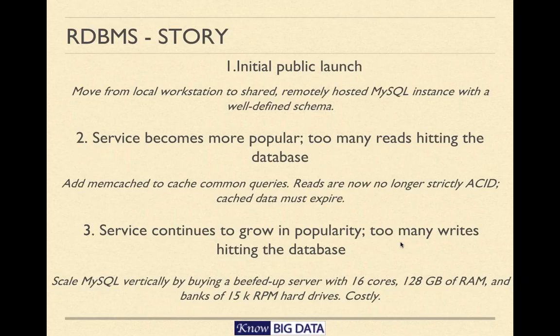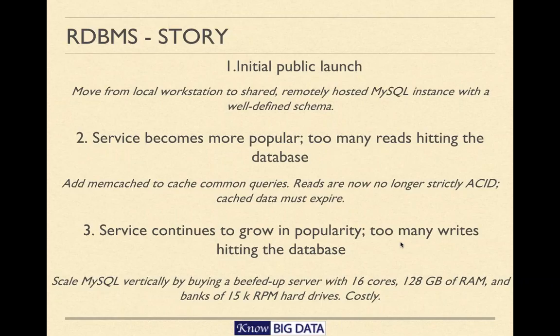All right. Now, as the service continues to grow, too many writes would be hitting the database. This is the problem you would face. And in this scenario, what we used to do was scale MySQL vertically by buying better hardware, such as 16 cores and 120 GB RAM and banks of 15,000 RPM hard drives.